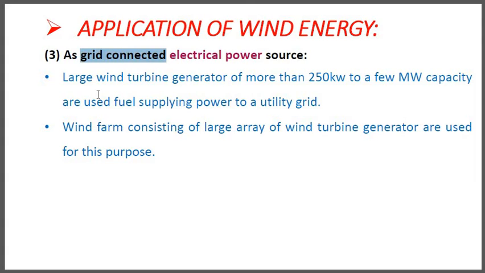So in this type, the generators of more than 250 kilowatt and a few megawatt capacities are connected directly to the grid and feed power to the grid. So large wind farms are used for grid connected electric power generation.